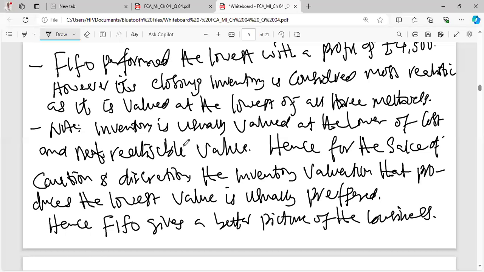LIFO has been discontinued from use in IFRS. So we either use WAM or FIFO, whichever gives a better picture. What some companies do is they adopt a particular system and stick to that, and they have to disclose it in their financial reporting. Even if they have to change, they also disclose when they change it and the reason for the change.